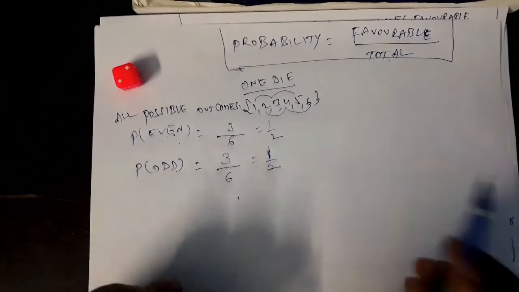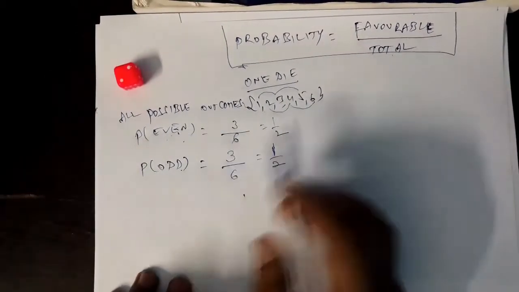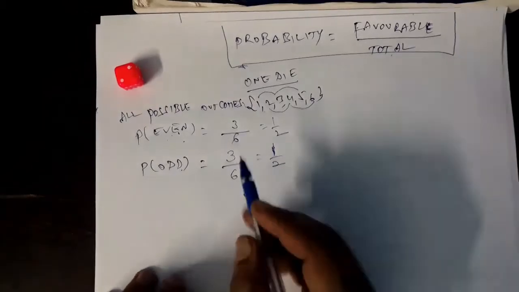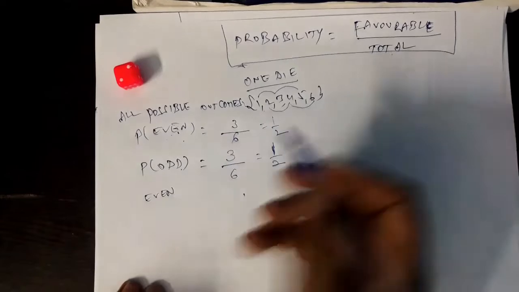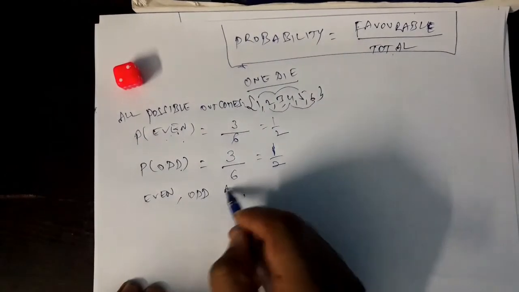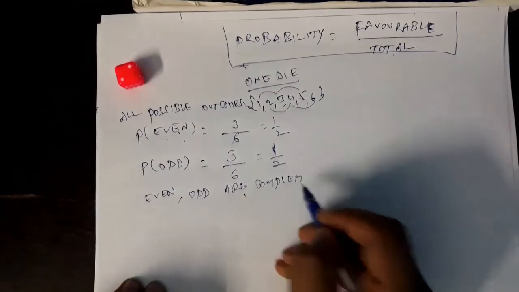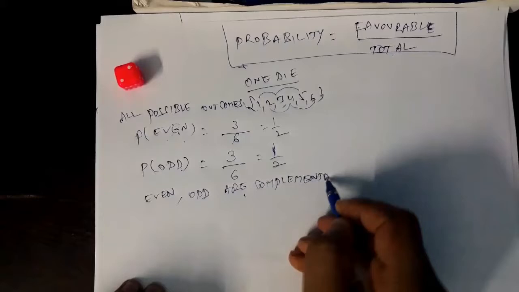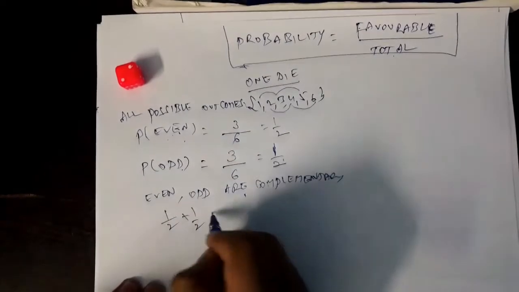In this case, what we have discussed earlier, that type of events are called complementary events of each other. So getting even number and getting odd number are complementary events, is it not? Complementary events. So what we have observed, the sum of these probabilities is 1.